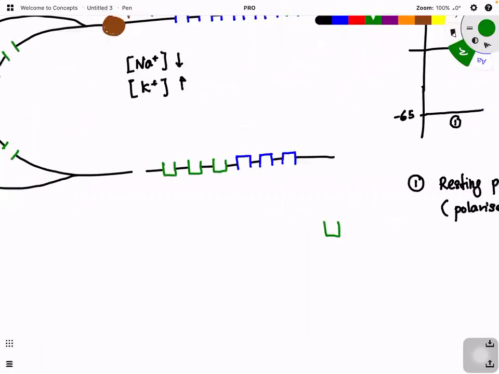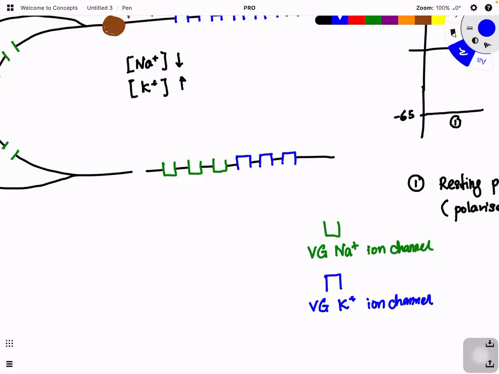This one we term the voltage gated sodium ion channel, and the blue color is the voltage gated potassium ion channel. Both of them are sensitive to the change of the voltage.